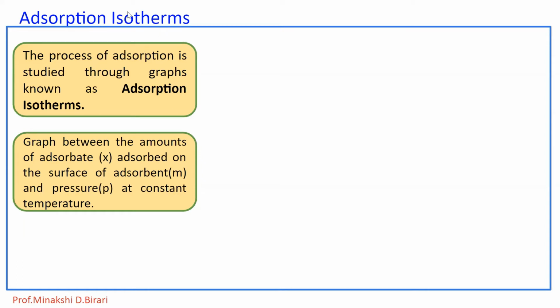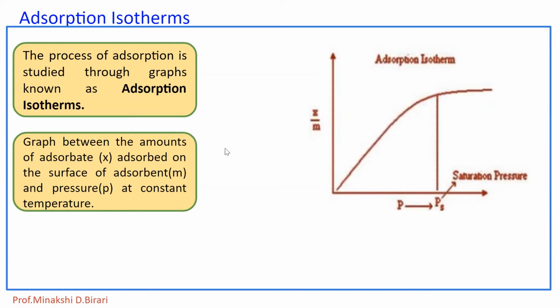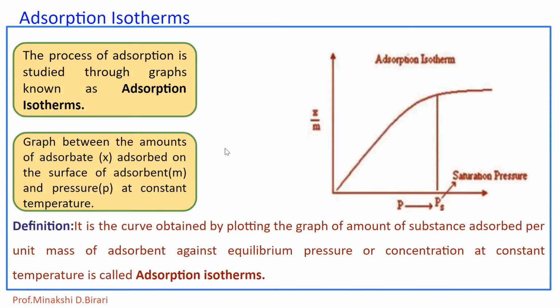Here, isotherm means at constant temperature. It is the curve obtained by plotting the amount of substance adsorbed per unit mass of adsorbent against equilibrium pressure or concentration at constant temperature, and it is called an adsorption isotherm.